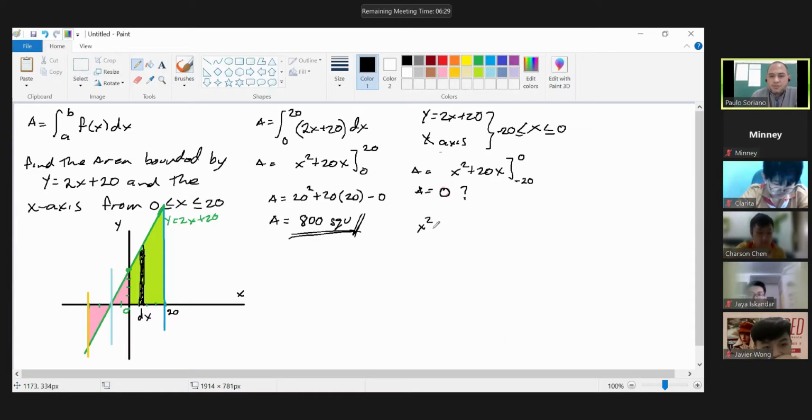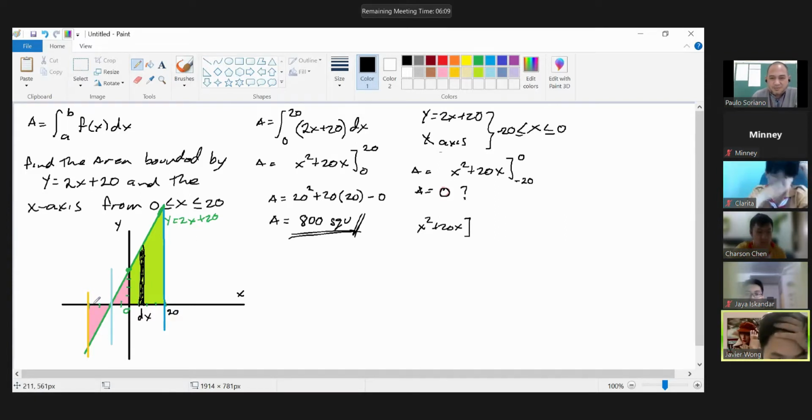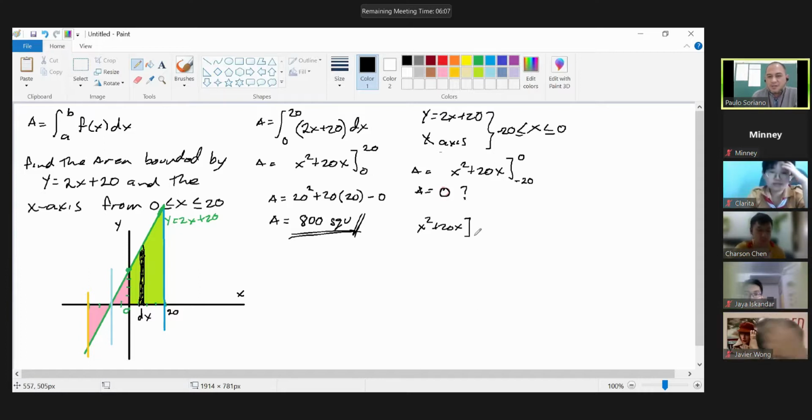So it will be x squared plus 20x. You evaluate it from negative 20 to negative 10. Not negative 10 to negative 20. You start here going there, right? So this is negative 20 up to negative 10.